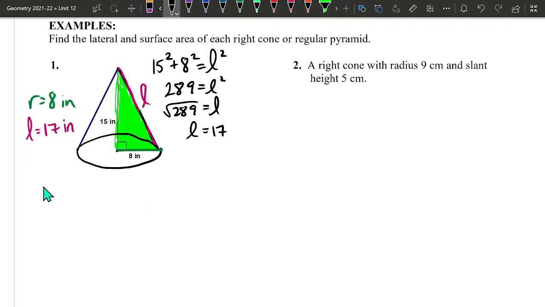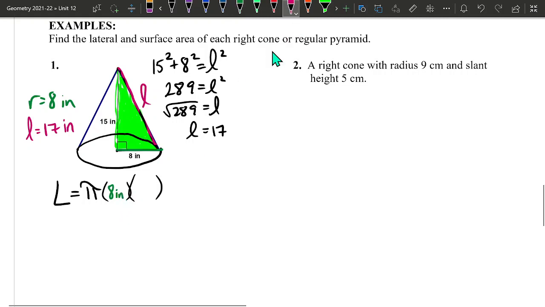So now I'm going to set that up. Lateral area equals pi times the radius times the slant height. Since I know that the radius is 8 inches, and I know that the slant height is 17 inches, I can multiply it out.